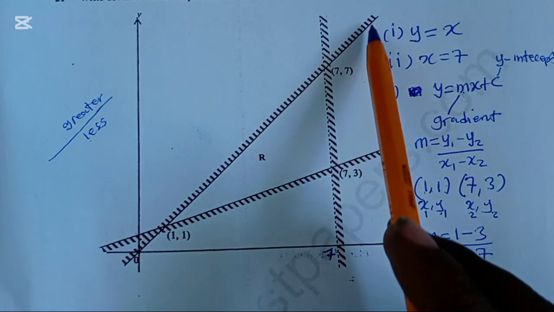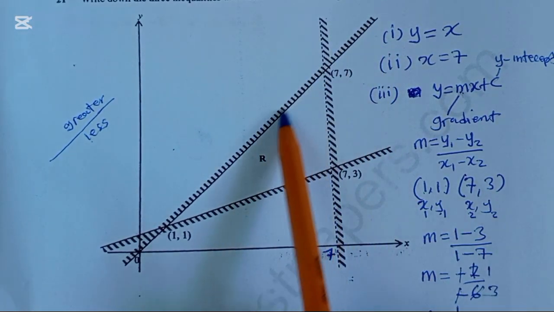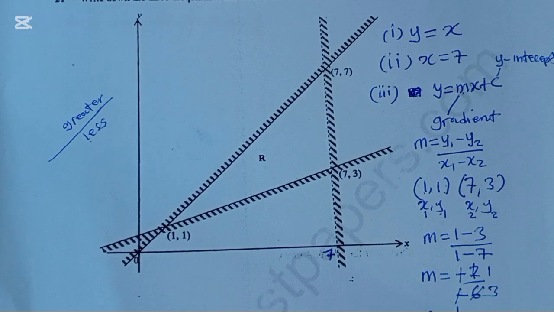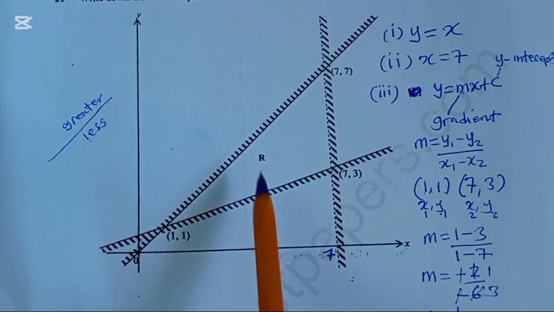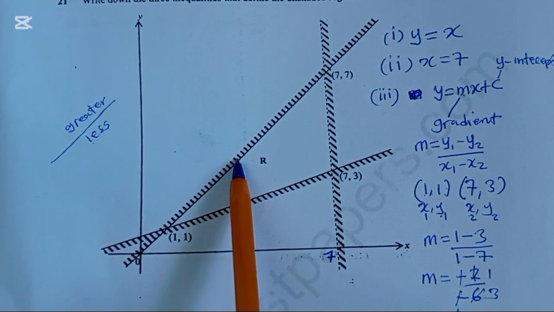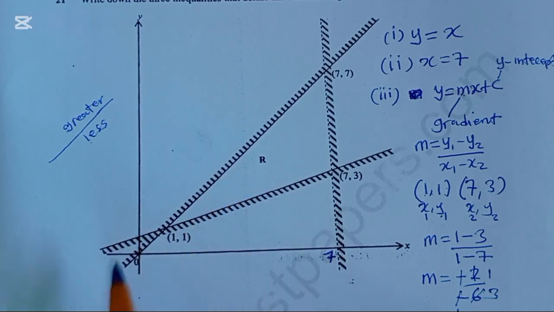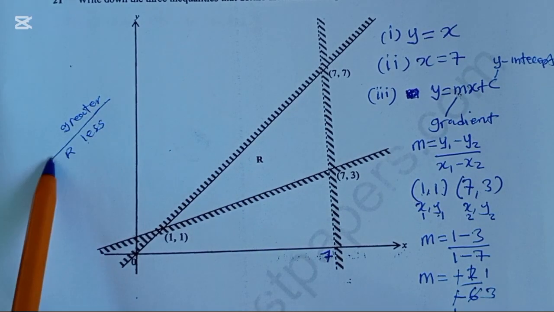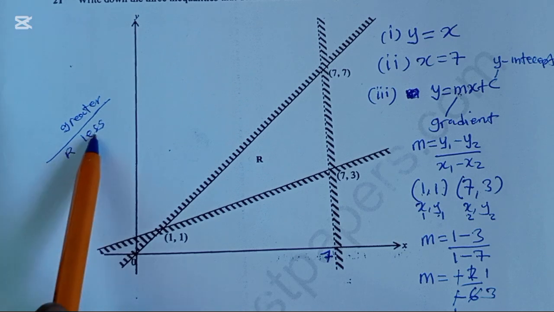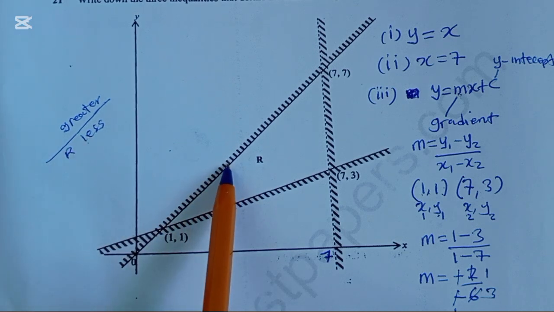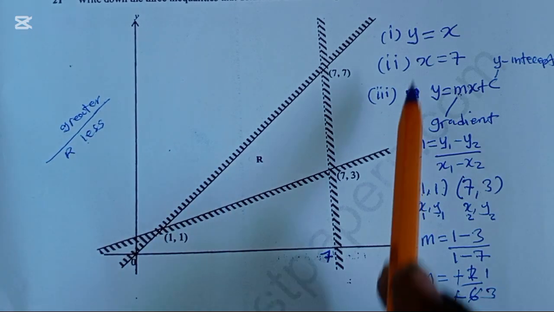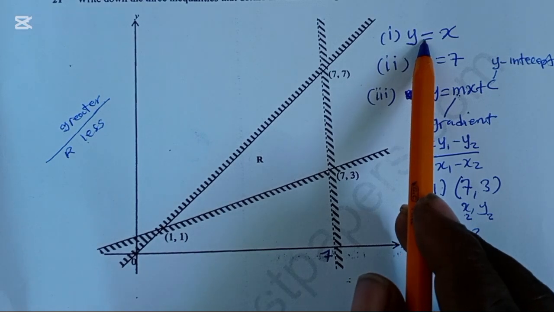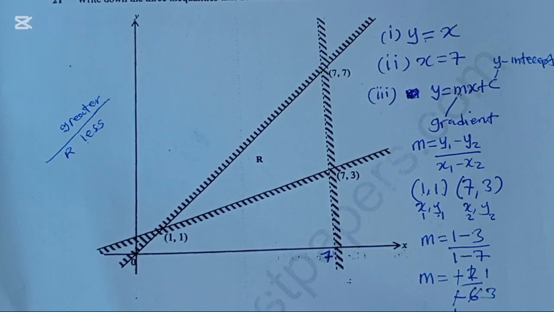So this is the line that we have, which is y is equal to x. We want to define where region R is. So for this line, region R is this side, so in this case, it is here. So for this line, region R is less. So we are going to put y less than or equal to x.